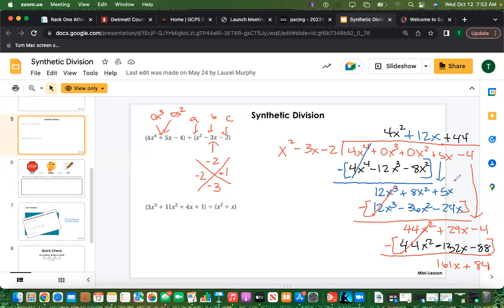Now remember, you ask yourself if you can multiply anything times x squared to give you whatever's down here, and we can't. So this is our remainder, and that's going to be plus 161x plus 84 over all this junk on the outside, so x squared minus 3x minus 2.